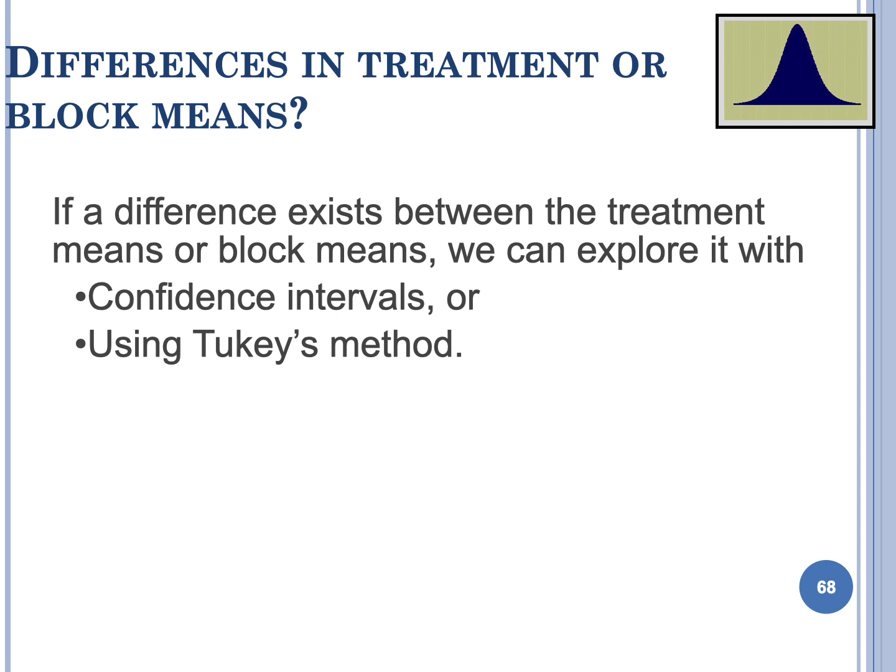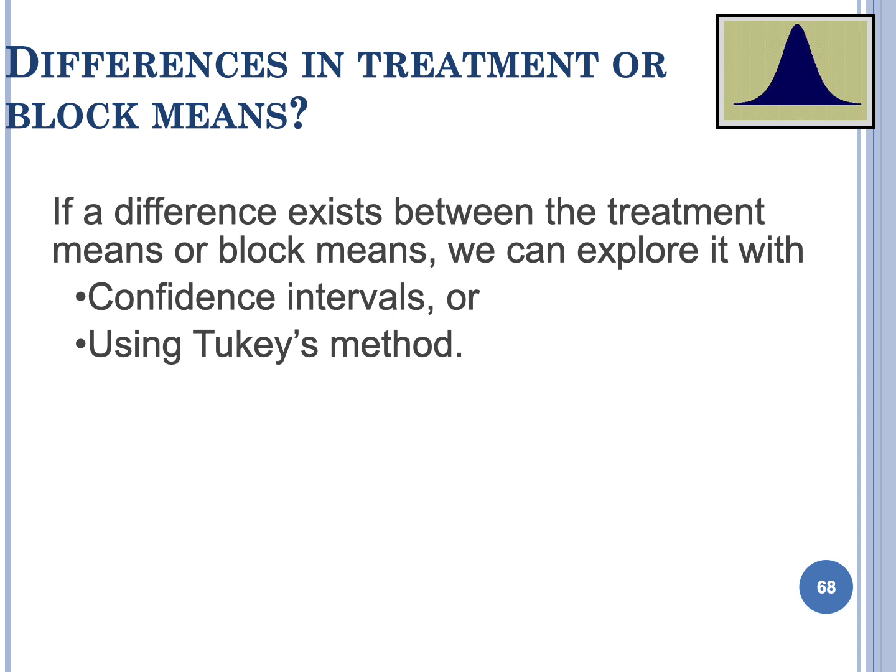The idea of confidence intervals is exactly the same as in chapter 10. And Tukey's method is an advanced one that can reduce the type 1 error inflation problem that we explained in section 10.3, where we explain Tukey's method in more detail.